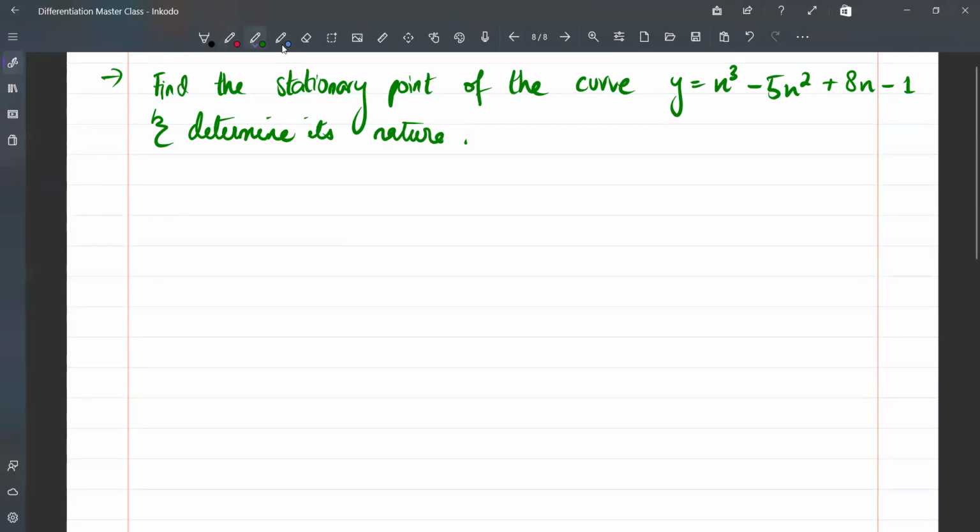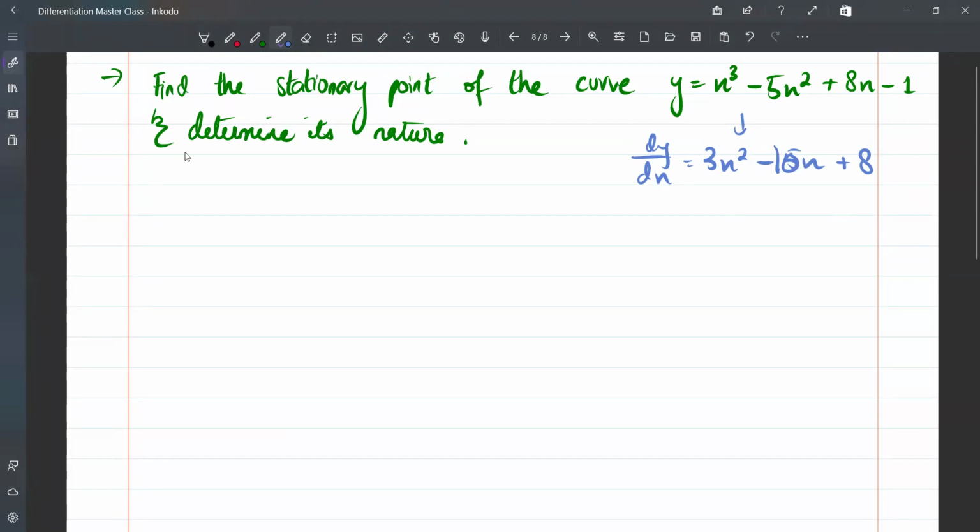So first we have to find dy over dx. So dy over dx would be 3x square minus 10x plus 8.